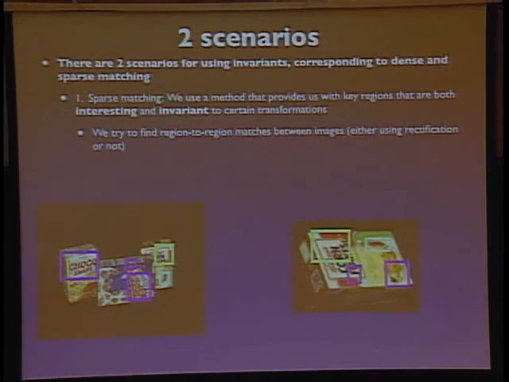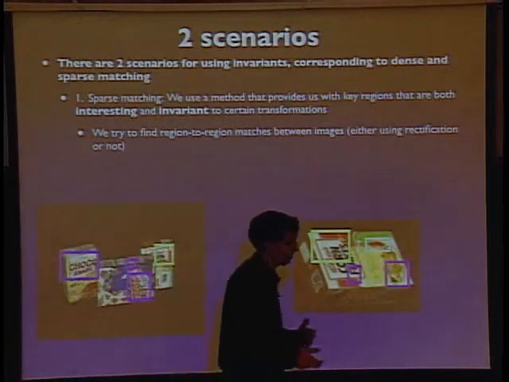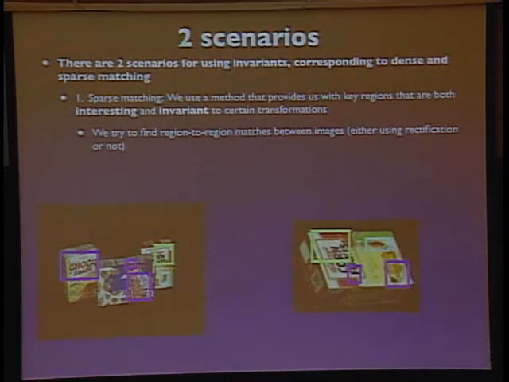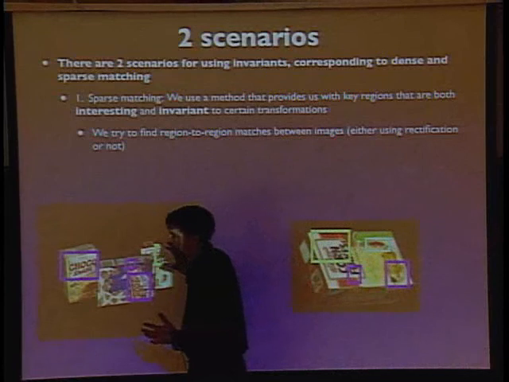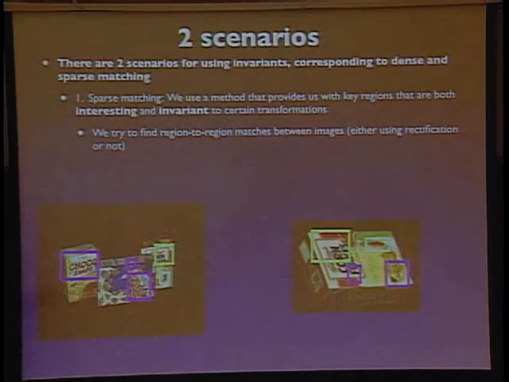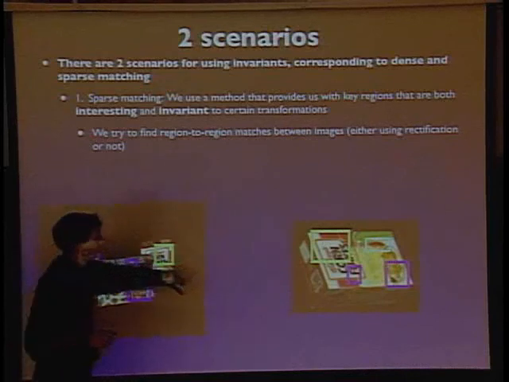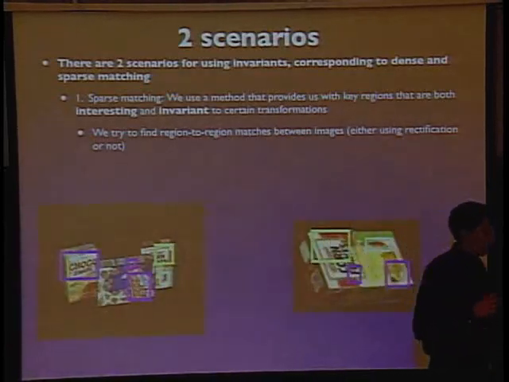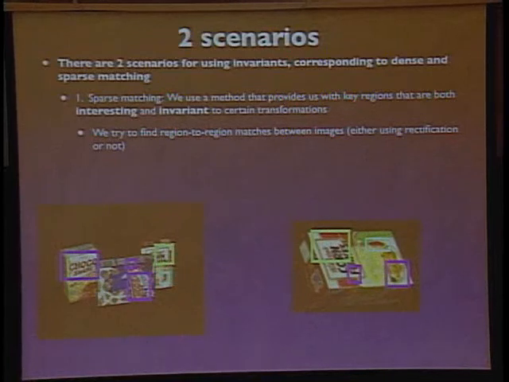So if you take this sparse matching approach, what you can do is try to find regions in the image that are both interesting and invariant to a set of transformations at the same time. What I mean by that is that you can try to identify, for example, a region, which is to say a rectangle of image pixels, that is invariant to rotations. In other words, no matter how that part of the cornflake box is rotated, you'll always get the same set of pixels.